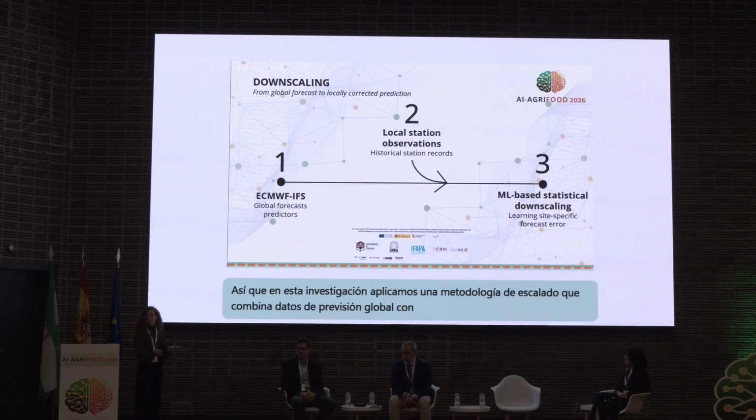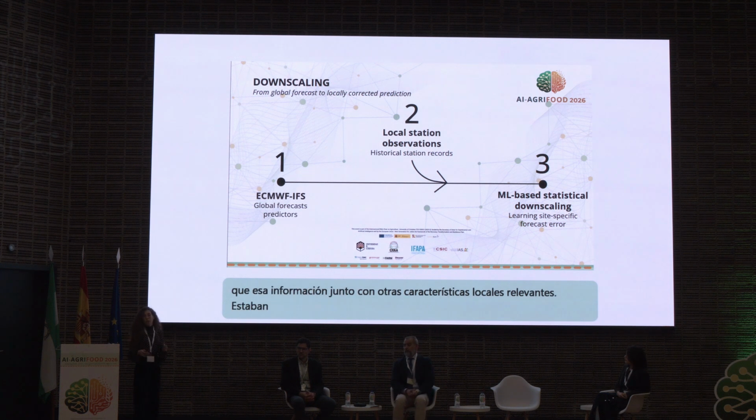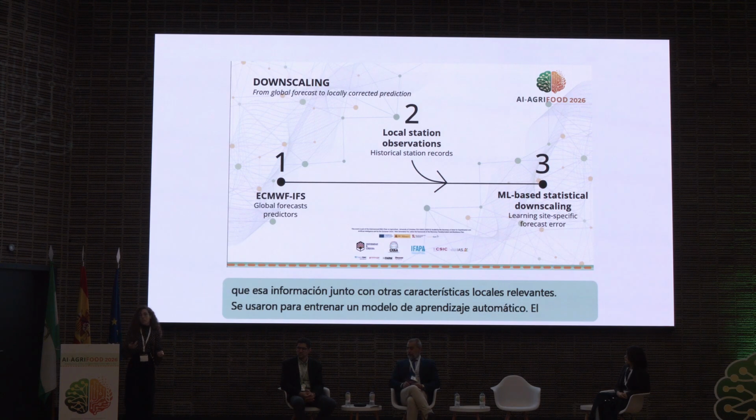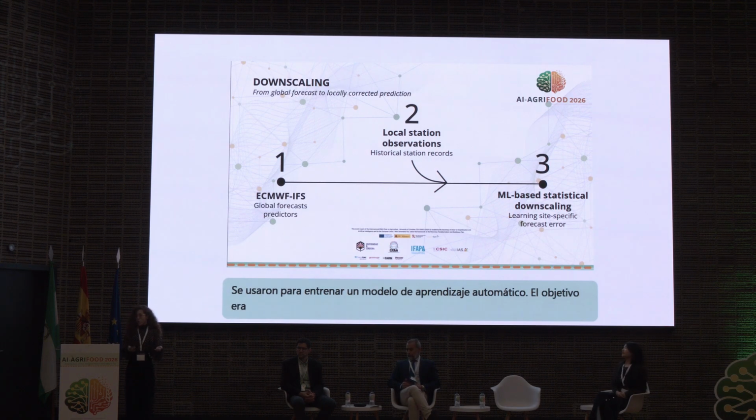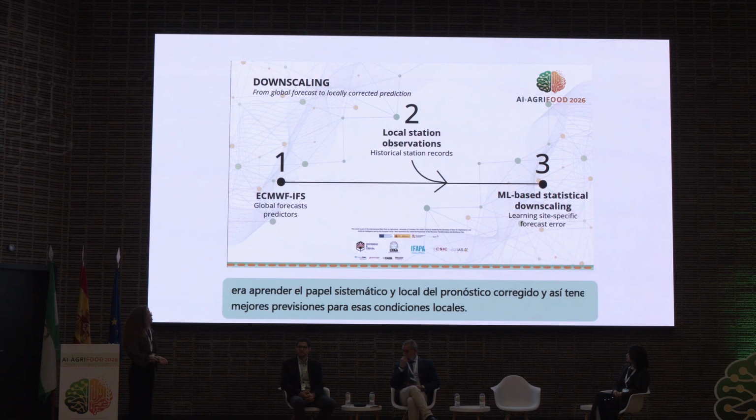That information, together with other relevant local features, was used to train a machine learning model. The objective was to learn the systematic local error of the forecast, correct it, and then have a better forecast for those local conditions that represent the reality of the local areas.